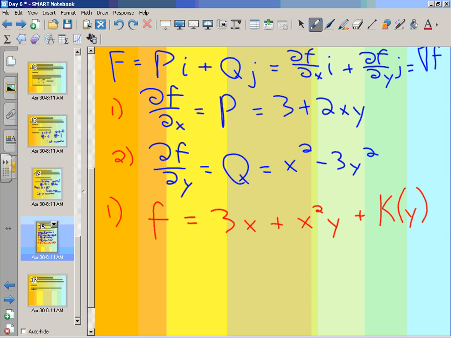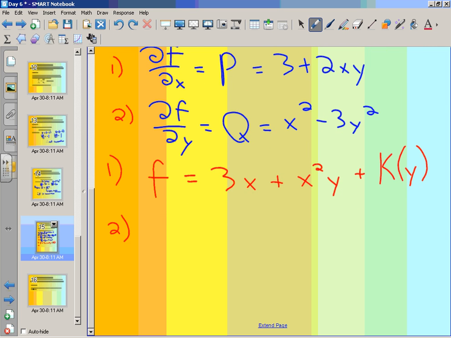And when we integrate 2, we get f equal to x squared y minus y cubed, plus some other constant function, maybe we'll call it L, and that's going to be a constant function of x, because when we differentiate with respect to y, it would fall away. Okay, so by comparison, can we figure out what f is going to be?